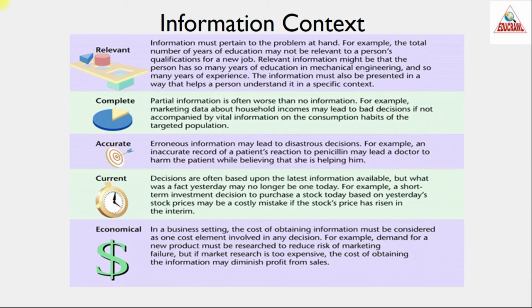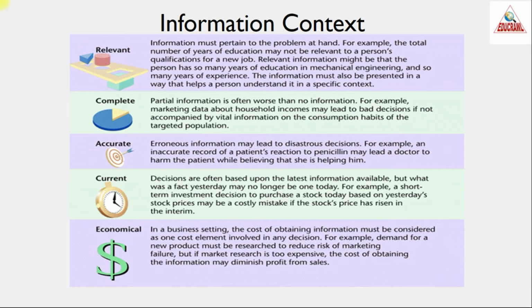So the information should be current. Take the example of the stock exchange. If I am asking for the current share price of a particular company, you should give today's stock prices. If you give yesterday's or the day before yesterday's or past 1 week or past 1 year back stock prices, that won't be correct.